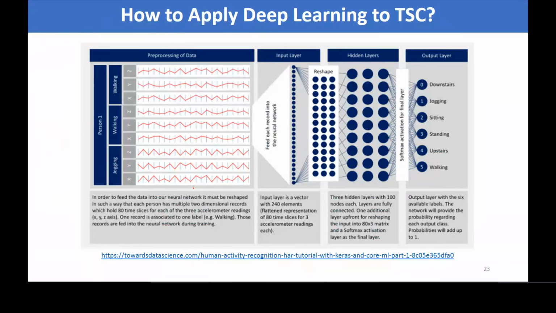Or you can just use an MLP. Of course, it could be deep, but for example, these signals, X, Y, and Z, they are different classes. These are reflecting human activity like walking, jogging, sitting, etc. So this is a layer of a multi-layer perceptron.